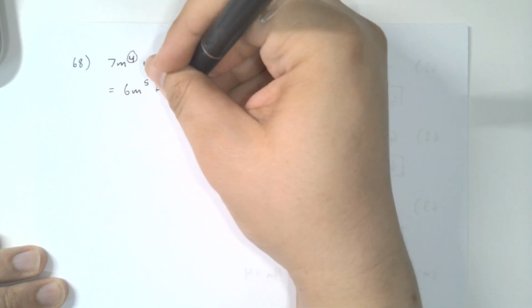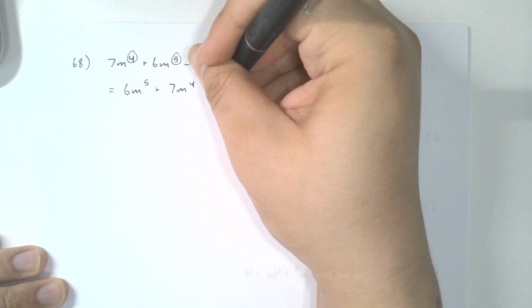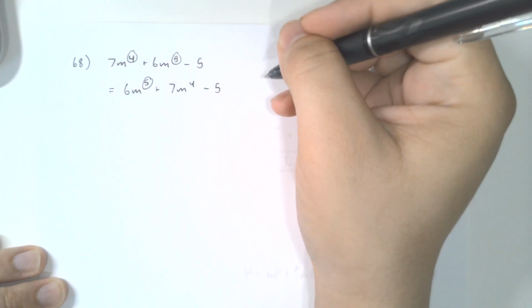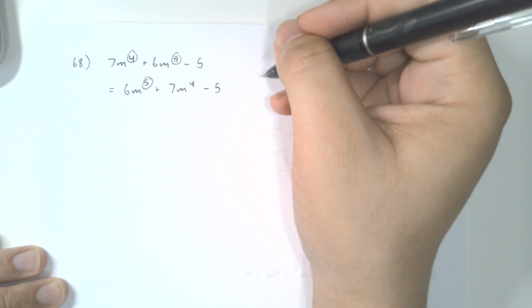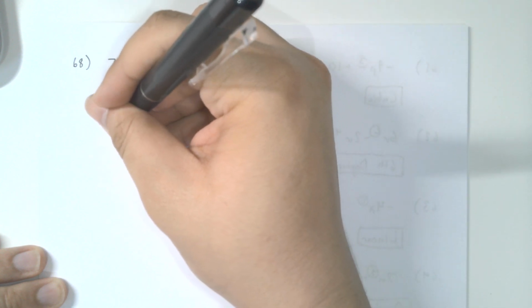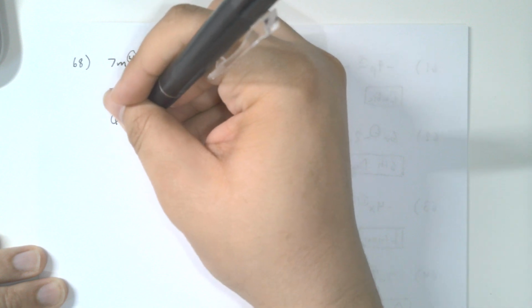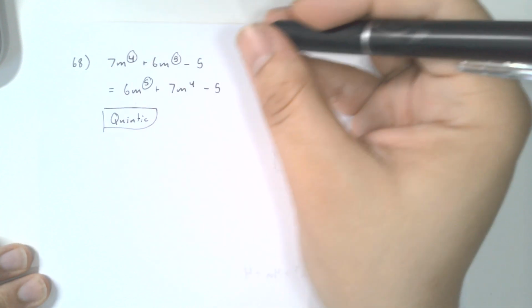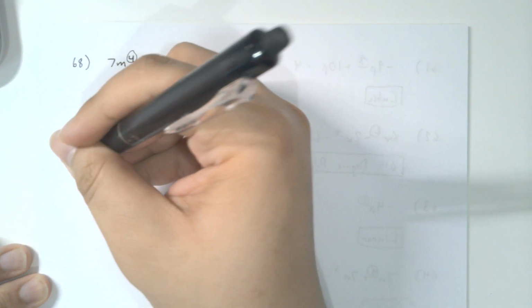Next we write 7m to the fourth, and then minus 5. And the 5 is really the only part we cared about to identify it. And we say that this is a quintic polynomial. Couldn't spell for a second there.